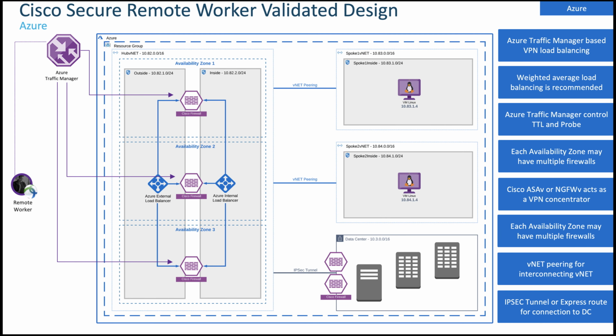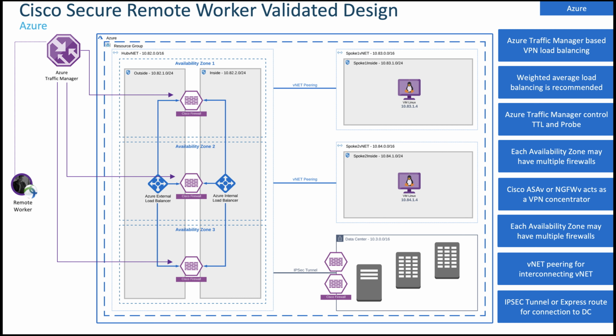Same architecture is available for Azure as well. Only difference is instead of using DNS load balancer, we have used Azure Traffic Manager. Again, it is multi-VNet and multi-AZ architecture. You can see that we have firewalls in load balancer sandwich architecture, where we have external load balancer for load balancing inbound traffic, and internal load balancer is for load balancing outbound traffic.